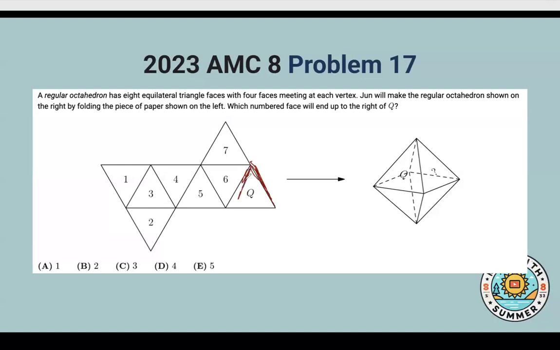But to the left, we have this six. So we know that this six will probably belong here. It'll be slightly tilted with the head pointing to this side, because it shares this edge.